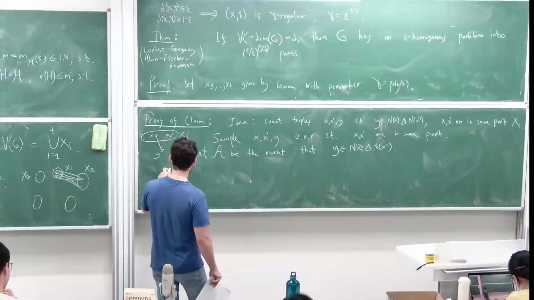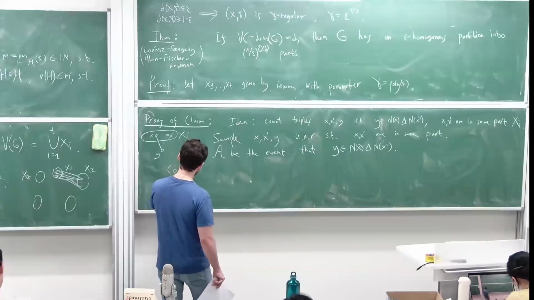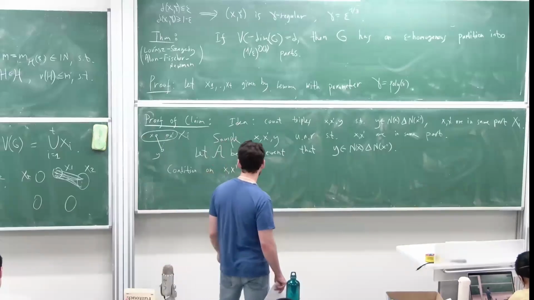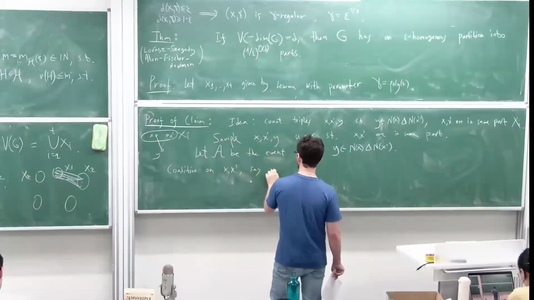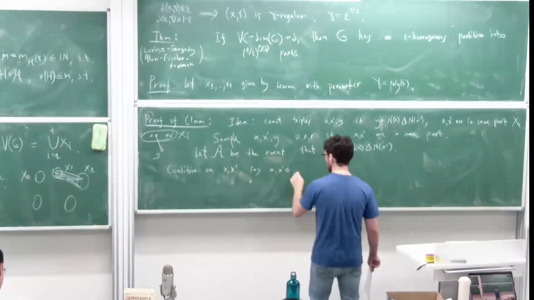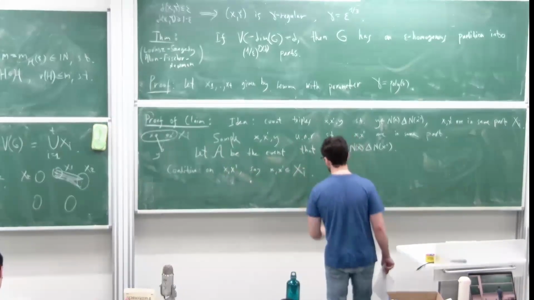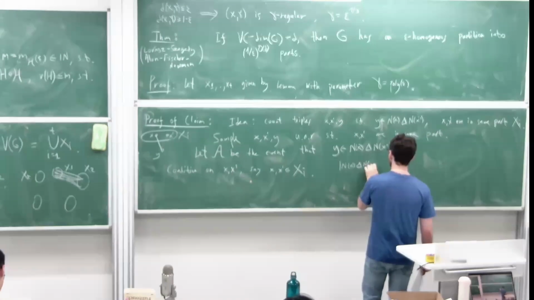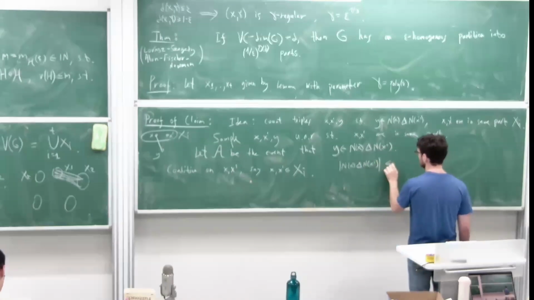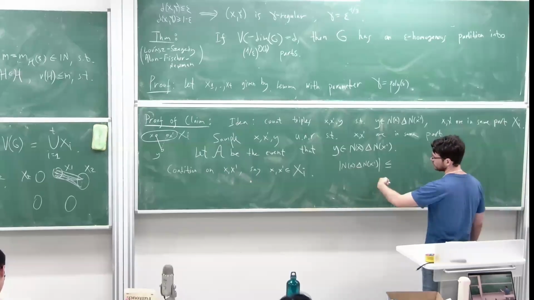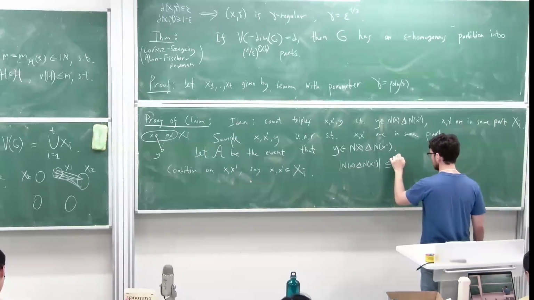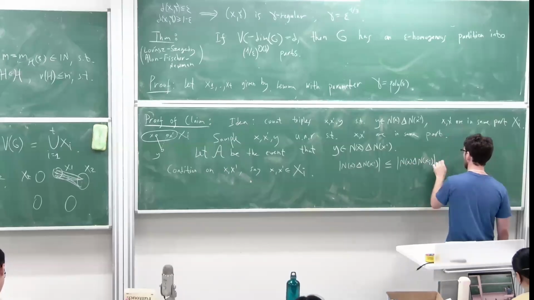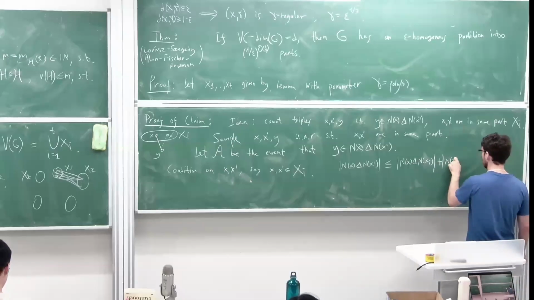Why? So condition on x and x prime, and say that x and x prime are in Xi for some i, doesn't matter which i. We know that the symmetric difference of their neighborhoods, we can use the triangle inequality. So we know that both of them are close to Xi, and therefore they're close to each other. So it's at most the difference of x with Xi plus the difference of x prime with Xi.